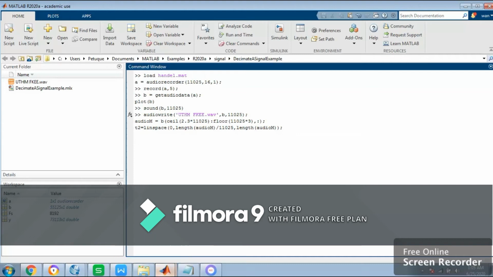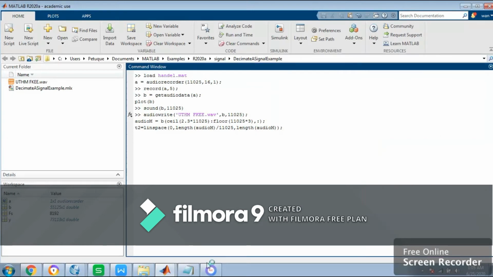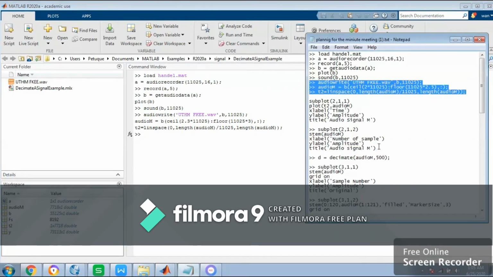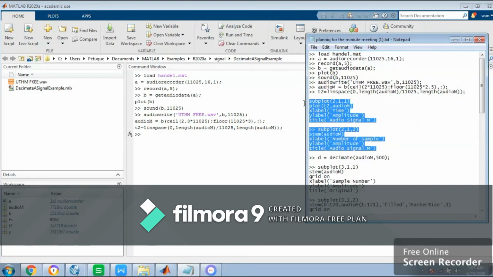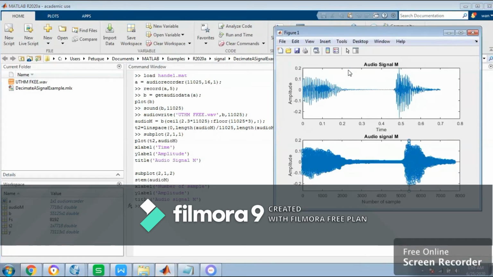Then we're going to plot the audio M. Okay, this is the plotted audio M. You can see this is in time, between 0 to about 0.7 seconds.